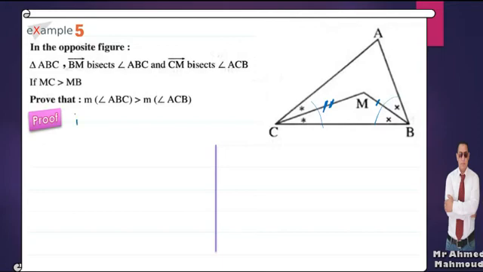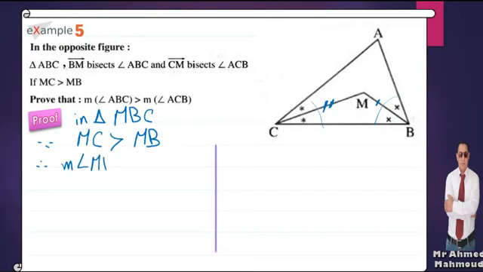In triangle MBC, since MC is greater than MB, therefore measure of angle MBC greater than measure of angle MCB.